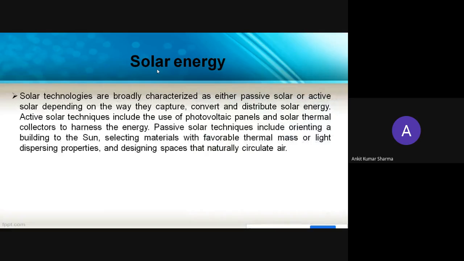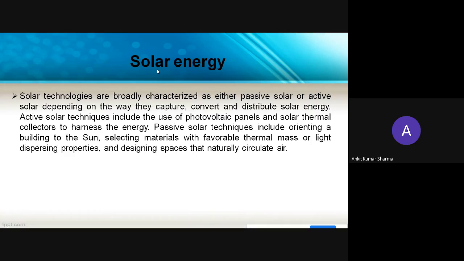So there are two techniques: active techniques and passive solar techniques. In the active techniques, we use the solar energy and change it into electrical energy by using photovoltaic panels and such collectors.